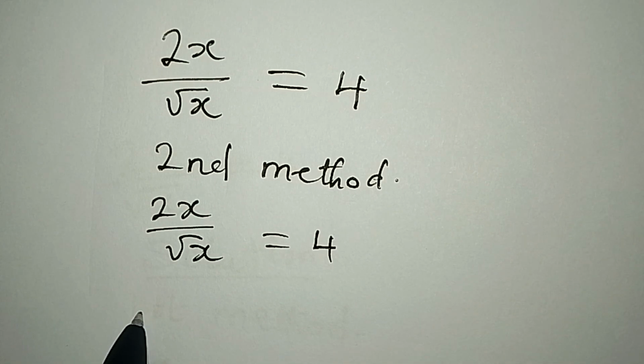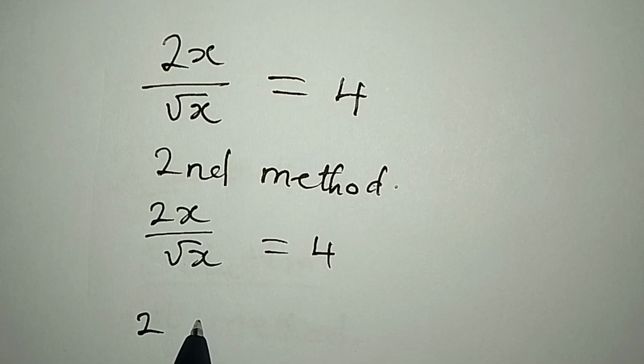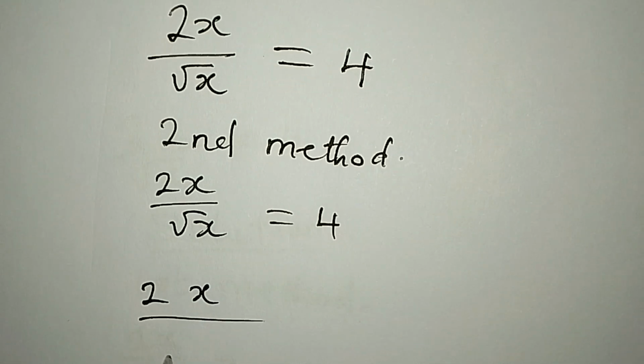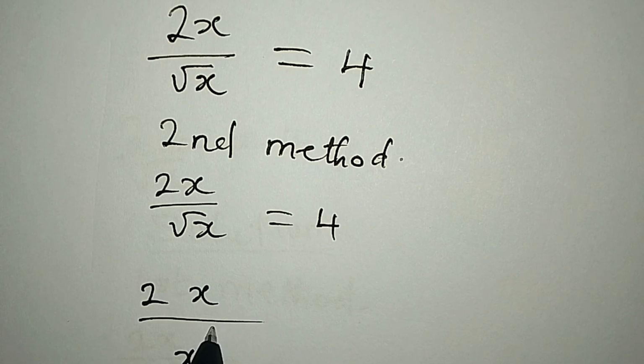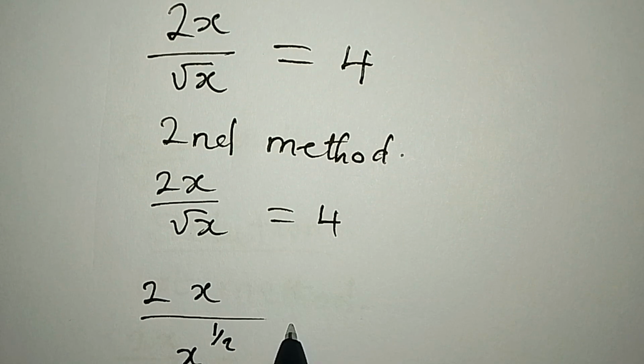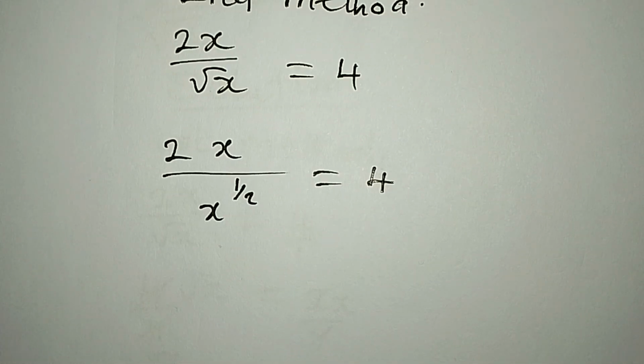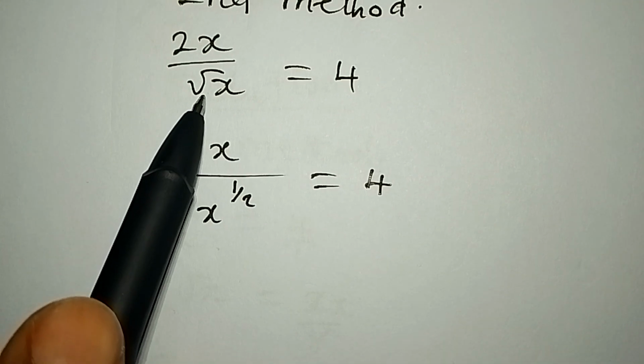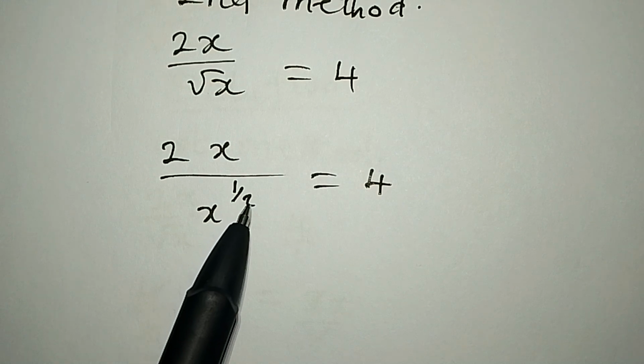Now, this is the same thing as 2x over x to the power of 1 over 2, and this is equal to 4, right? Because square root of x is x to the power of 1 over 2.